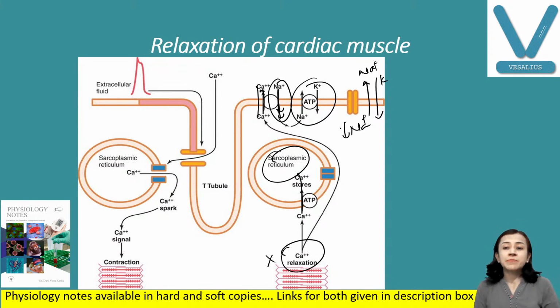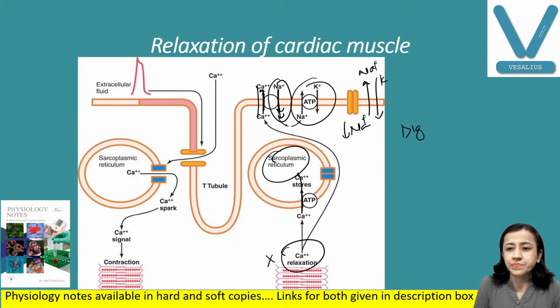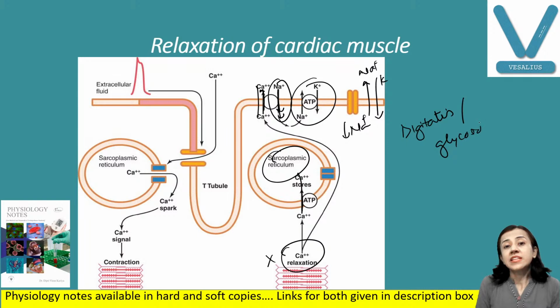Now the applied aspect here is that some drugs are used, digitalis as well as other glycosides. They increase calcium concentration. How? They block this sodium potassium pump. So sodium concentration increases here, and calcium sodium counter transport is not present.